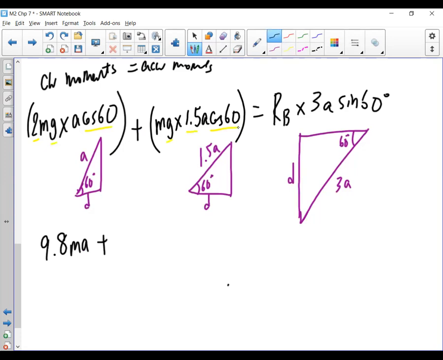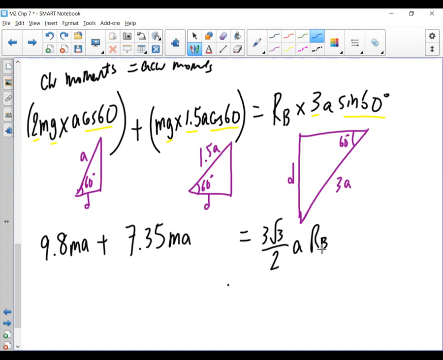So 9.8 times 1.5 times cos 60 is 7.35. So plus 7.35 MA equals, last one, 3 times sine 60, which is 3 root 3 over 2 a times RB.